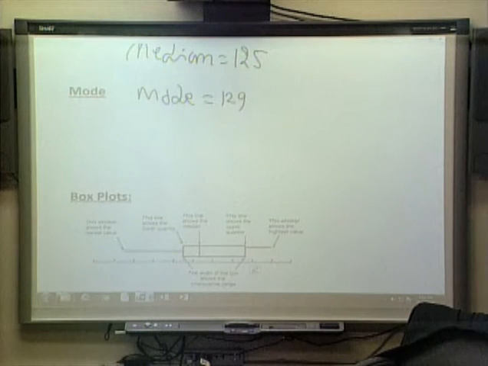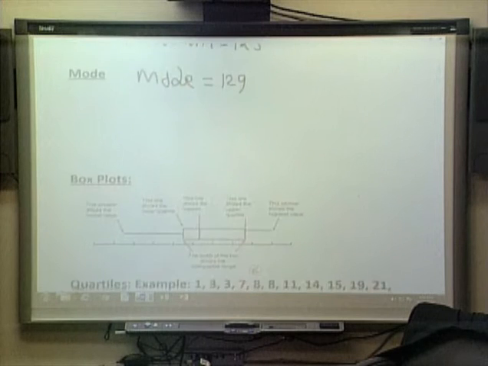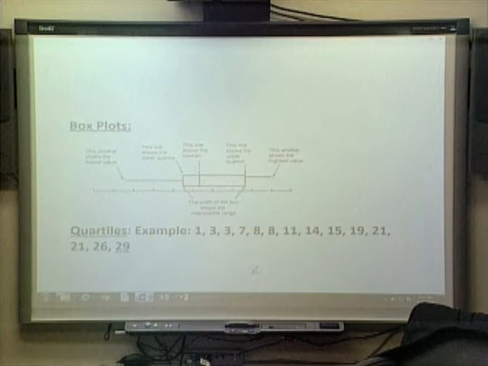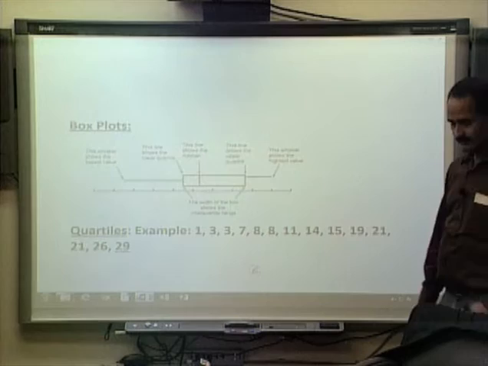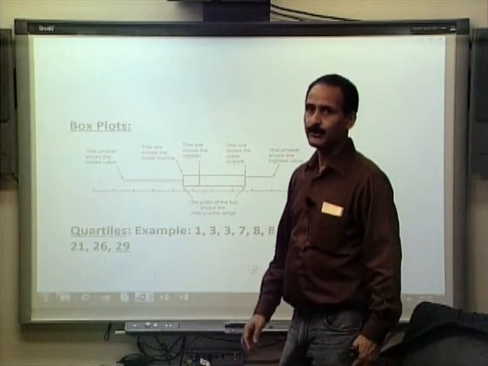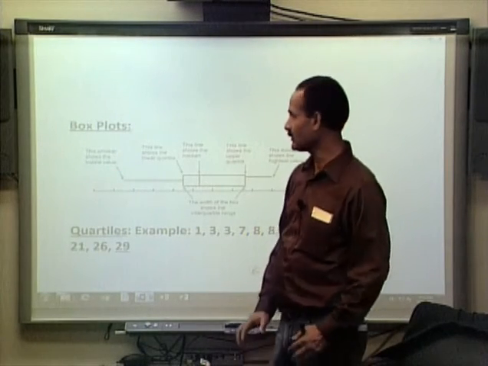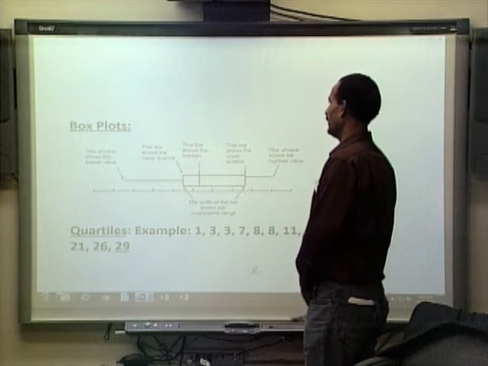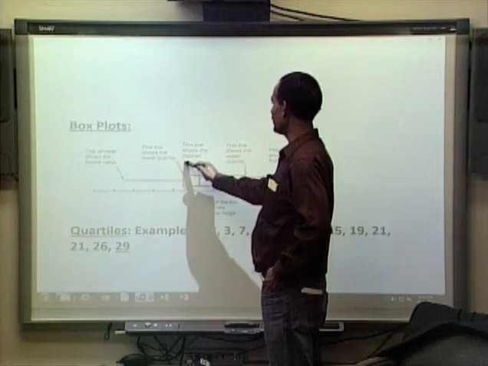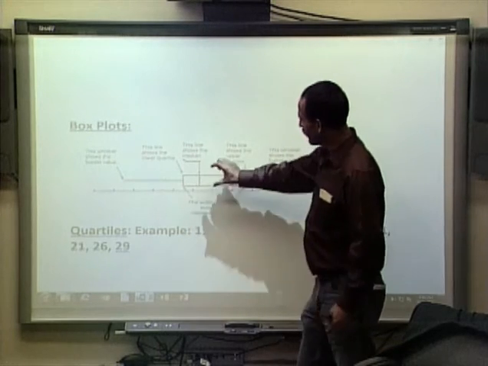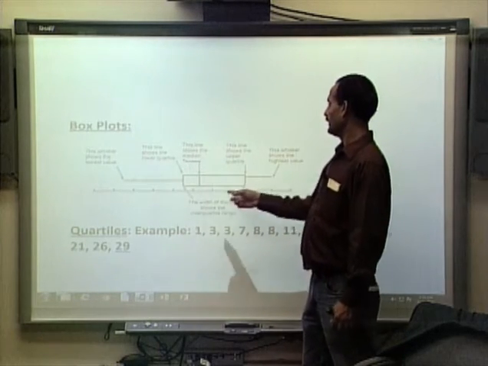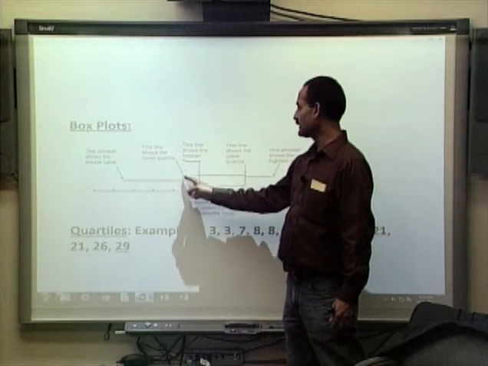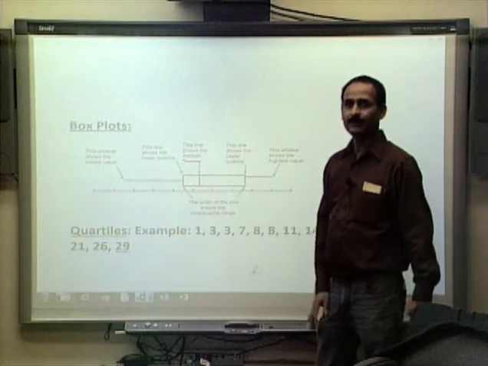Well, there is one more plot, one more graph, which is very important in statistics. It is called a box plot. In order to construct a box plot, we have to find the median of the data. In the box plot, we will have a box. The lower end of the box represents the lower quartile.